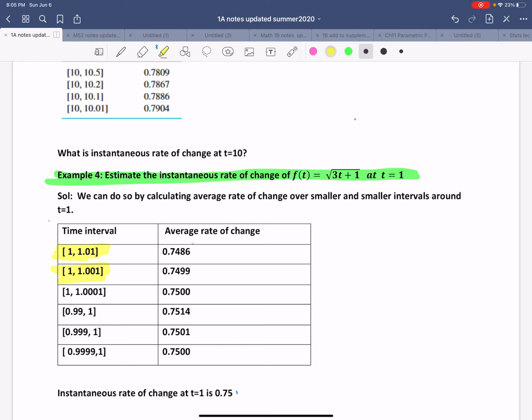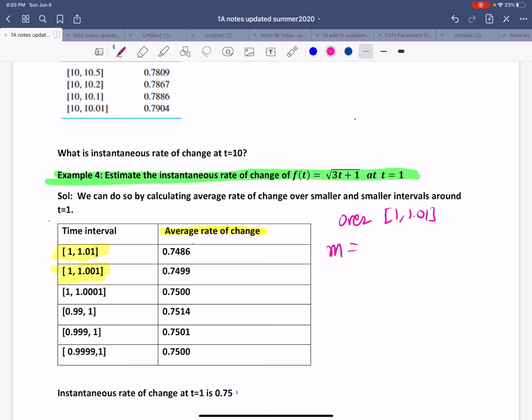So 1 to 1.01. What's the average rate of change? How do I find the average rate of change? Over the interval 1 to 1.01, I can find it by using y2 minus y1 divided by x2 minus x1.